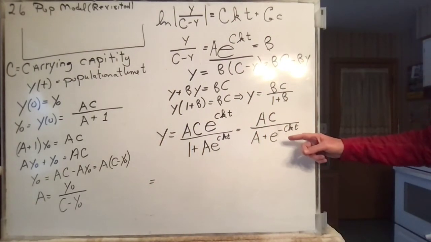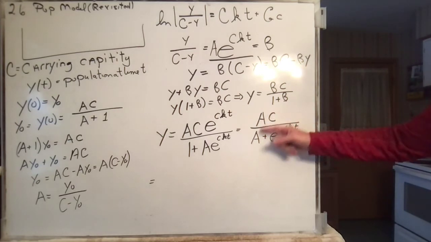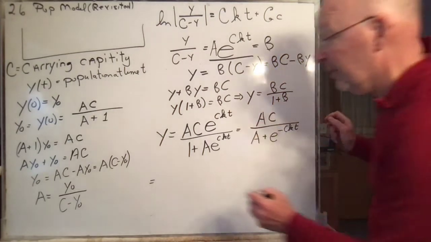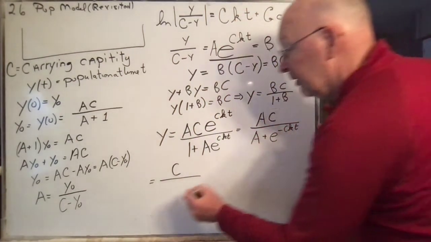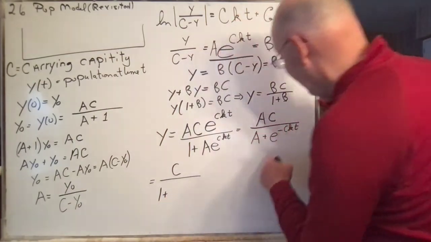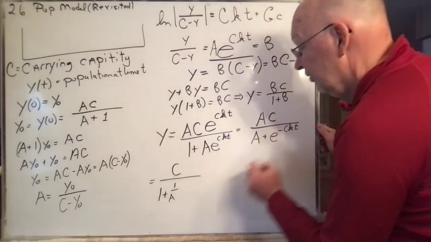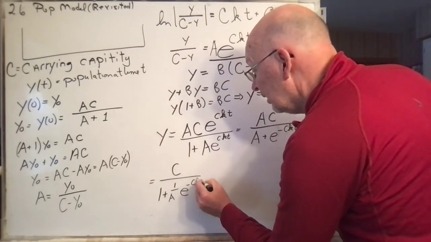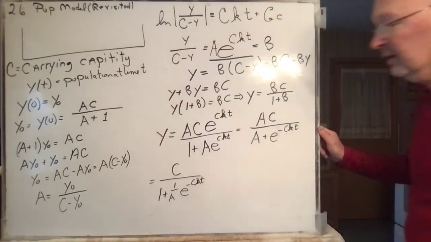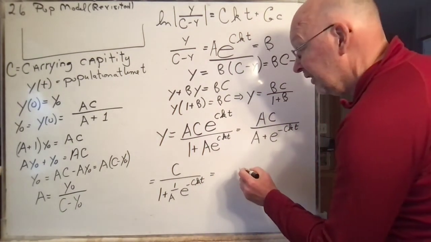So let's put that in here and see what we get. Let's first divide everything here by A. If we divide both the top and the bottom by A, we're going to get C up on top, and this is going to become a 1. And then this is going to become 1 over A times e to the negative CKT. Agreed? And finally, I think this agrees with the textbook.